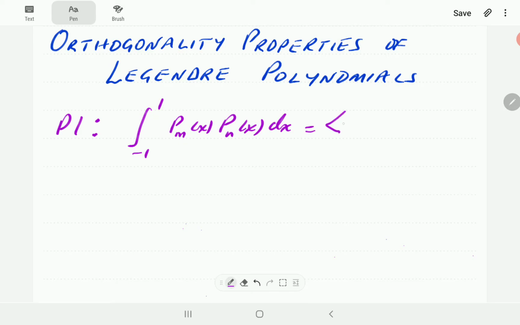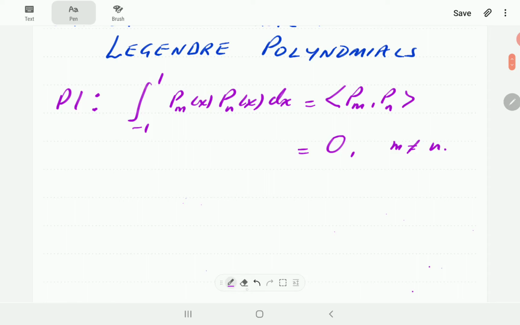So this we mentioned in the video on orthogonality of polynomials, that this is just the inner product of the Legendre polynomials. So this property says this is going to be 0 whenever m is different from n. So that means Legendre polynomials are orthogonal in the interval -1 to 1 with respect to the weight function, which is 1 in this case.